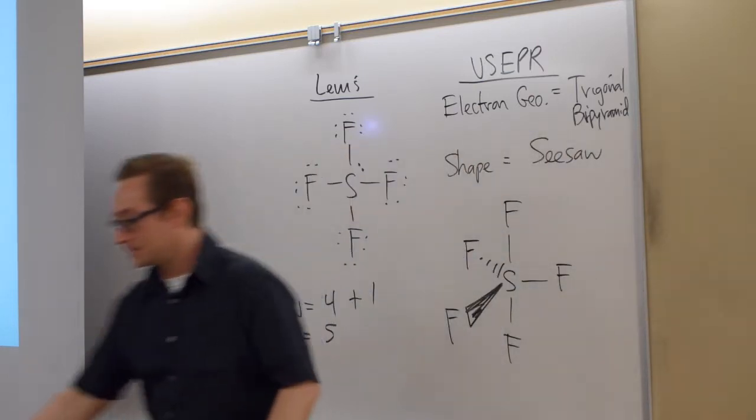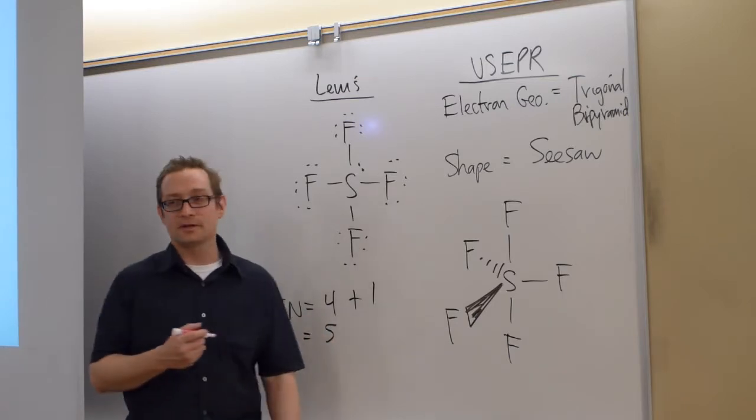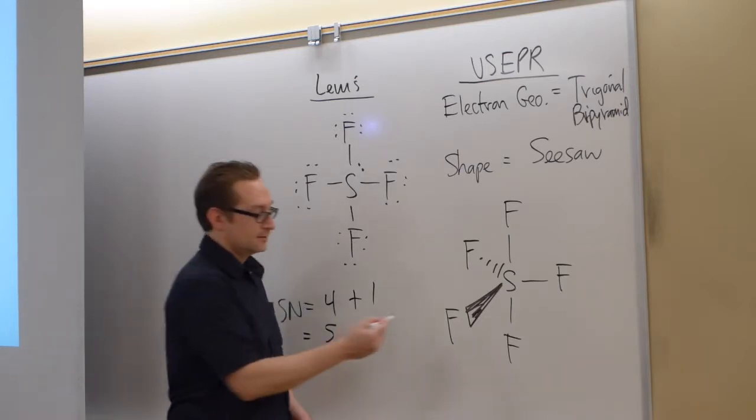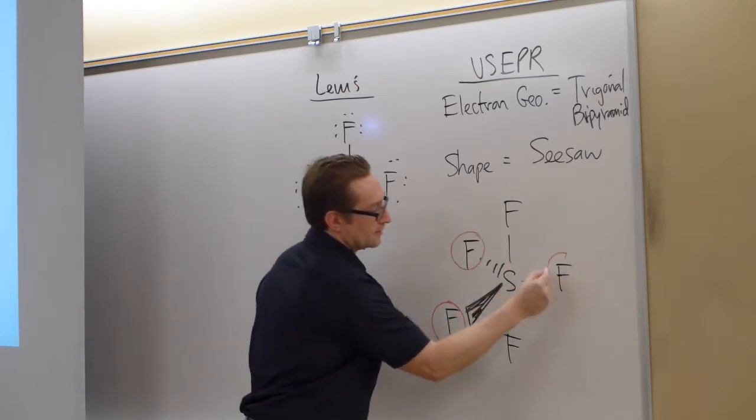All right. So just to rehash your memory from yesterday, do you remember where the lone pairs go on a trigonal bipyramid? Do they go on the axial positions, or do they go on the equatorial positions? All right. So these are the equatorial positions here.